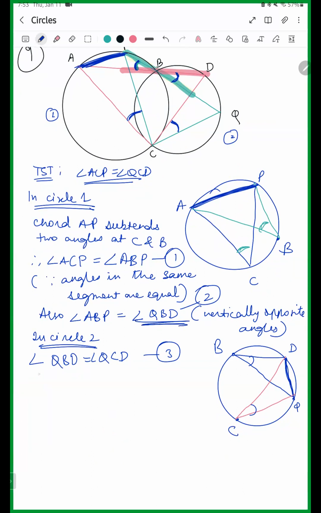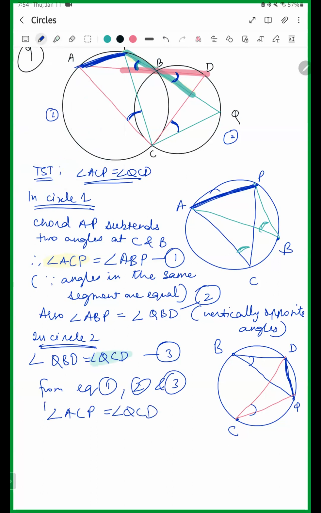And now this QBD is equal to QCD. So that is why ACP and QCD are equal. So from equations 1, 2, and 3, angle ACP, the one we started with, is equal to angle QCD. Hence proved. That's what we needed to prove.